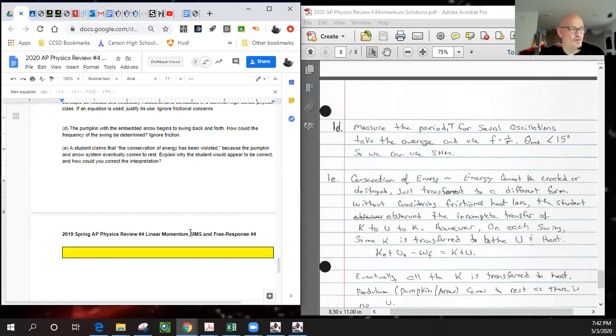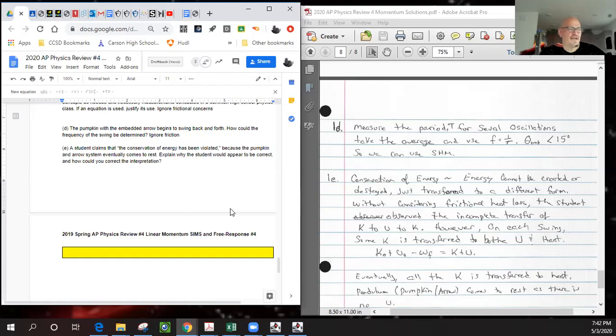We would measure the period for several oscillations, take the average, and use frequency as 1 over the period. Make sure that the angle is under 15 degrees so we can use simple harmonic motion. Remember the period: if I start here, I need the swing to go here and back again. That's how we could determine the frequency.